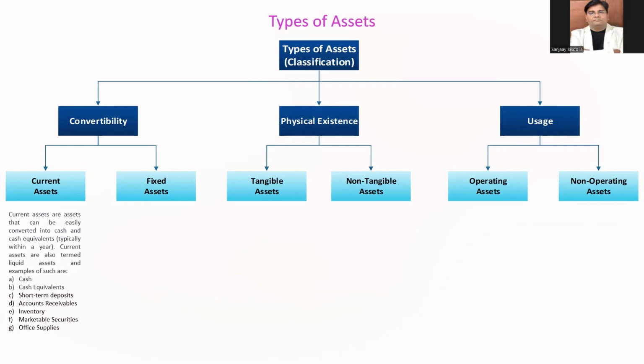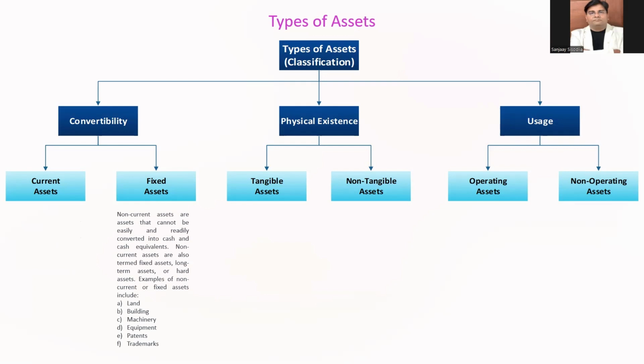For example, registers, pen, pencil, stapler pins, sellotape, so on and so forth. So all these are termed as office supplies. So these type of assets are termed as current assets or liquid assets. And these are converted into cash within a period of 1 year.